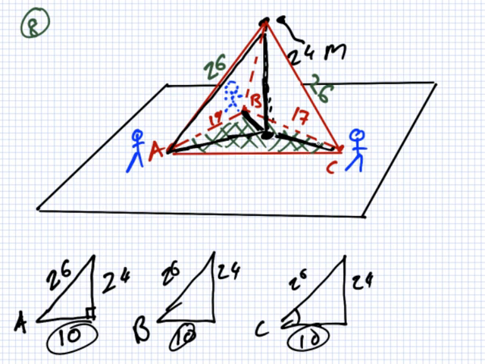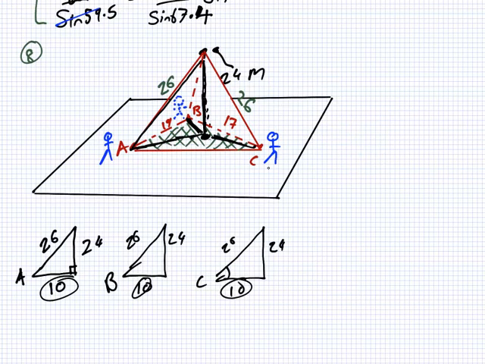Now, what I do next is look at it from the top, straight down. So, from the top, there's A, there's B, and there's C, and here's the middle.